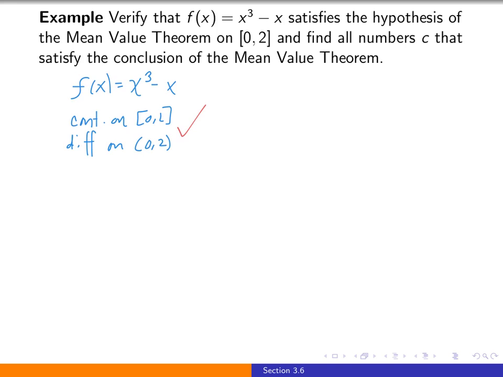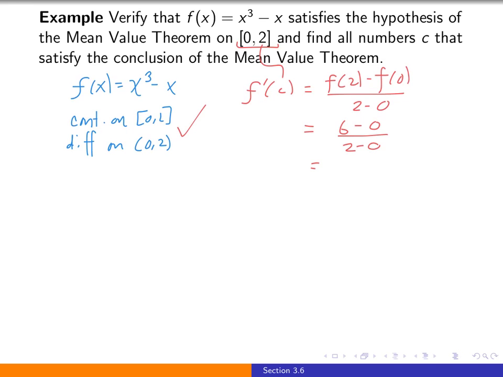So can we find a value of C in the interval from 0 to 2 with f prime of C equals f of 2 minus f of 0 over 2 minus 0? So f of 2 is 6, f of 0 is 0, and 6 over 2 is 3.